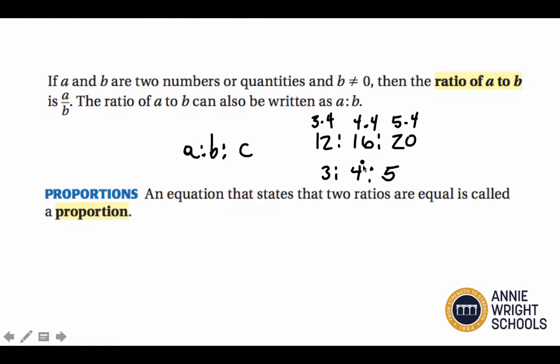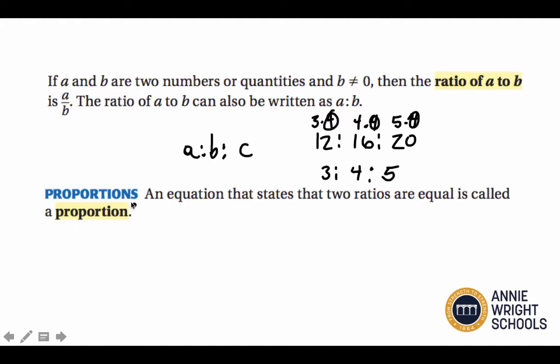So I can get rid of that extra 4 and see that the Starbucks drinks are in that ratio of 3, 4, 5. Just something to think about, that it doesn't have to just be two numbers. It can be multiple. But if it's multiple numbers, you can't write it as a fraction.